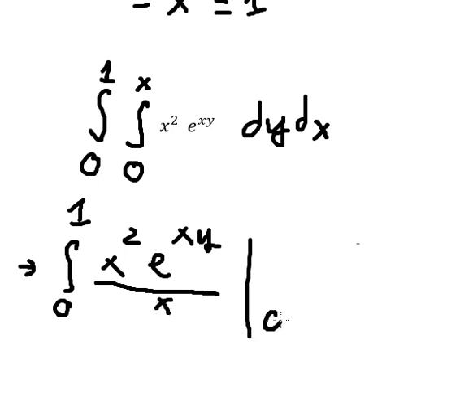Now we put the bounds from 0 to x. X we change for y and 0 we change for y.